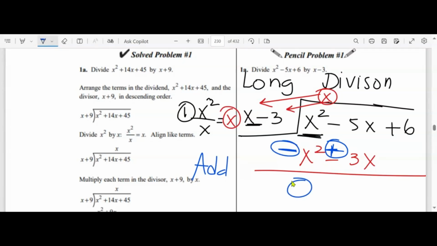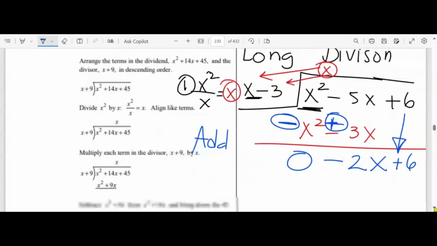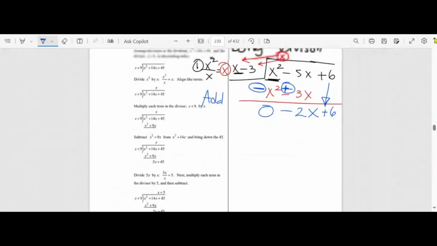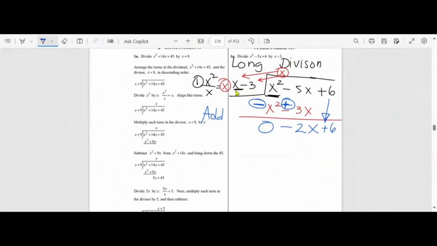This give you what? And this give you what? And then you bring down the 6. Is this clear? Well, can you say it again, teacher? First, you divide the first term by the first term. And the answer is what? If you divide the first term by first term, what do you get?